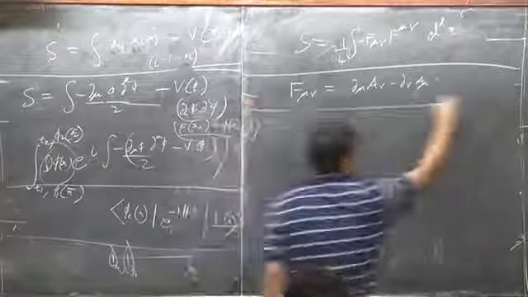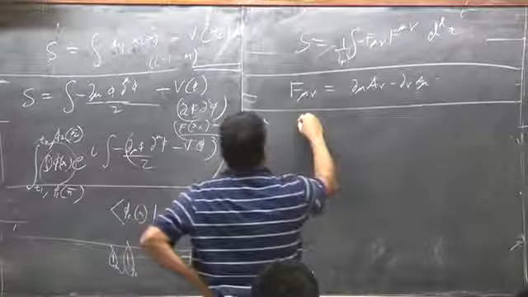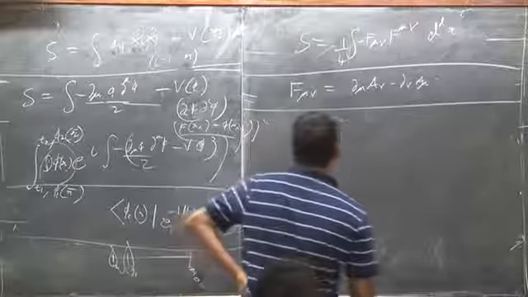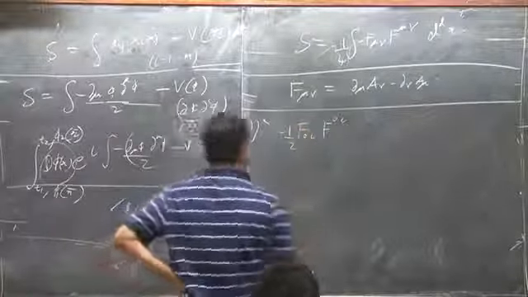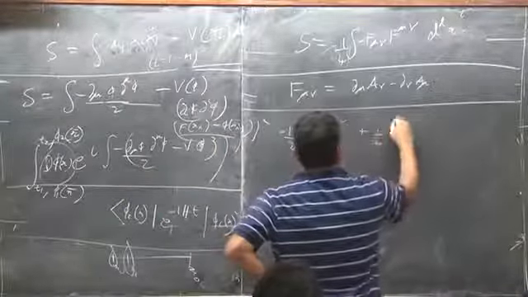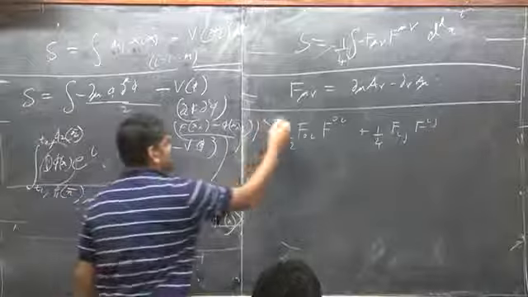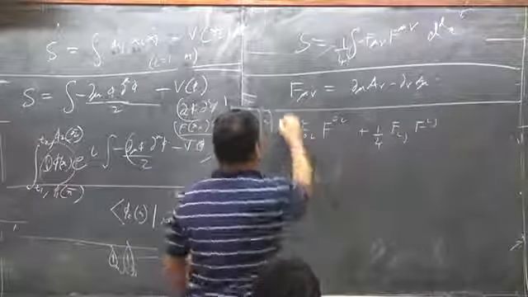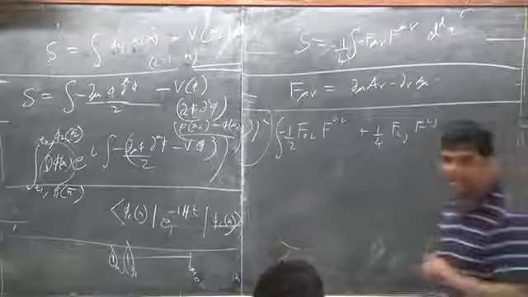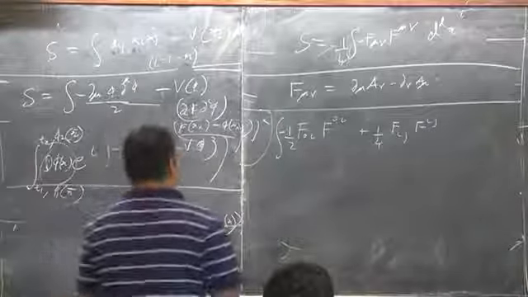If we single out 0 as special, we can rewrite this action as minus half F0i F0i plus 1 by 4 Fij Fij, integrated over dx, taking out the terms in which time appears especially.